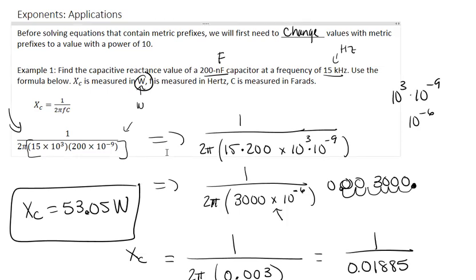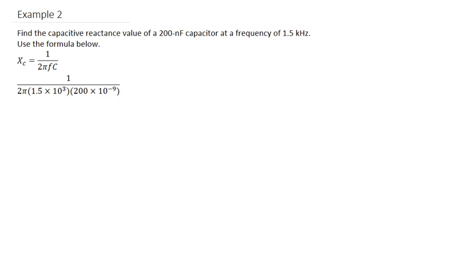Now let's do another example. Example 2. Find the capacitive reactance value of a 200 nanofarad capacitor at a frequency of 1.5 kilohertz. Now we're going to use the formula below, and notice that we've already converted our metric prefixes into the formula, as this is equal to Xc.